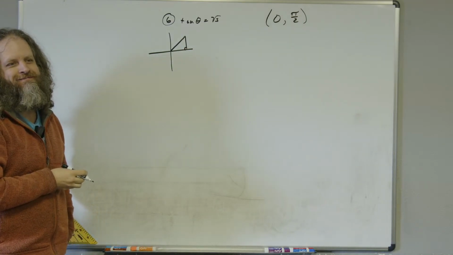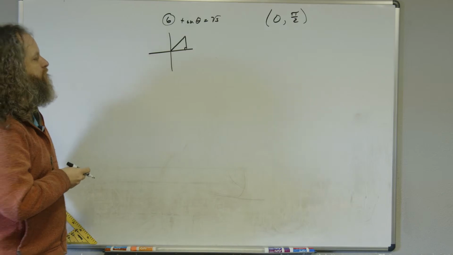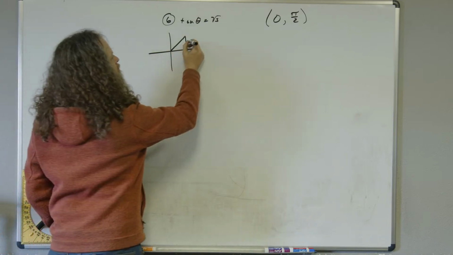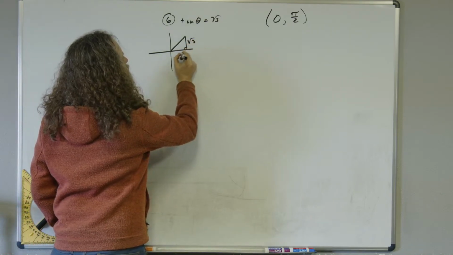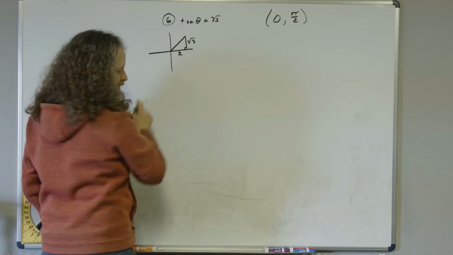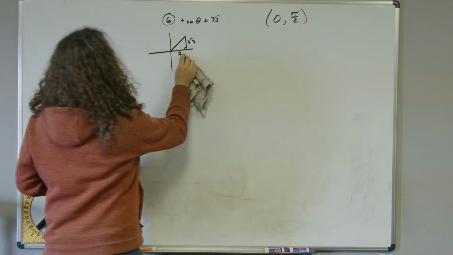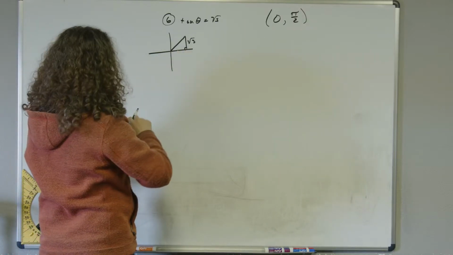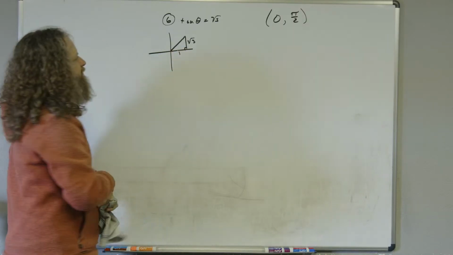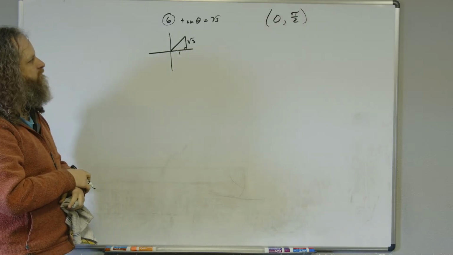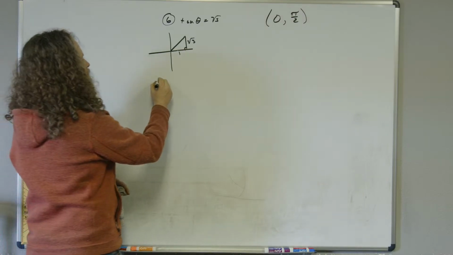Now what? Well, we know it's tangent, which is opposite over adjacent. The opposite has to be square root of 3, and then adjacent has to be 1. Oh, I don't know why I wrote 2, because I'm used to square root of 3 over 2 on stuff. Okay, great. Try again. 1. Okay, and then we do Pythagorean theorem, so 1 squared plus square root of 3 squared equals c squared.